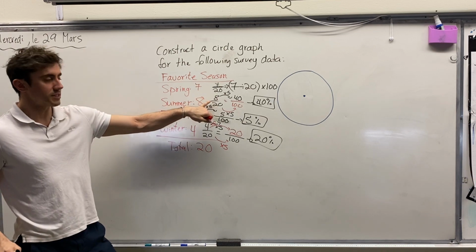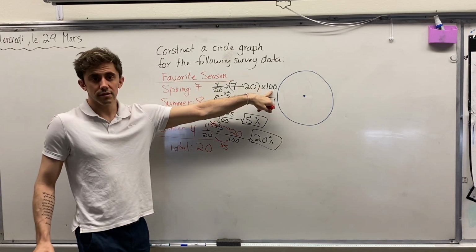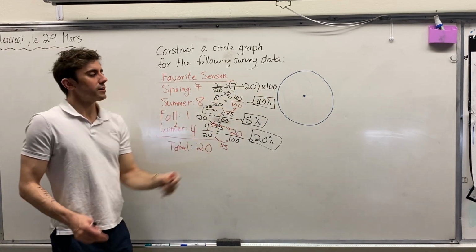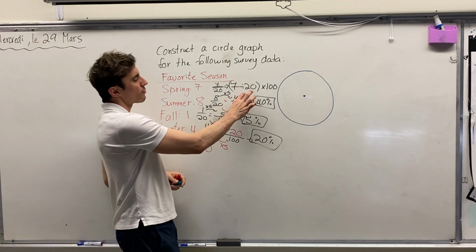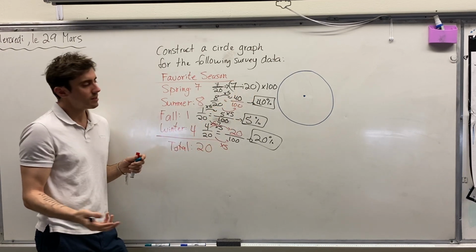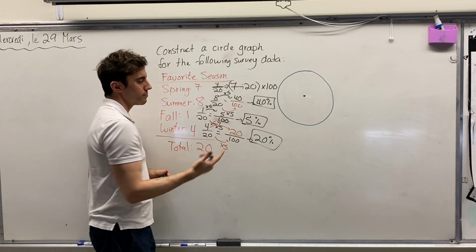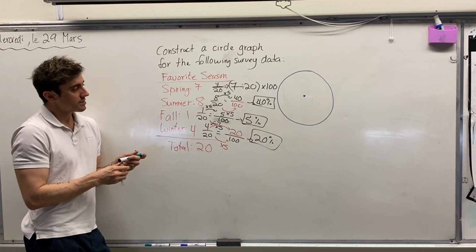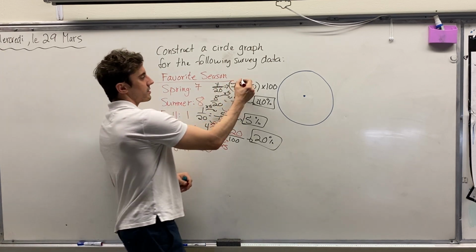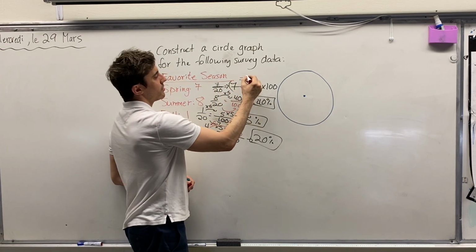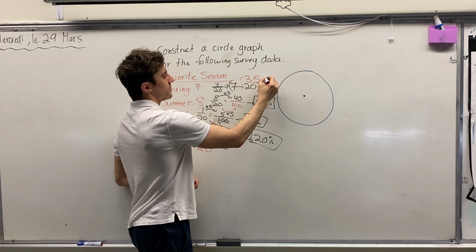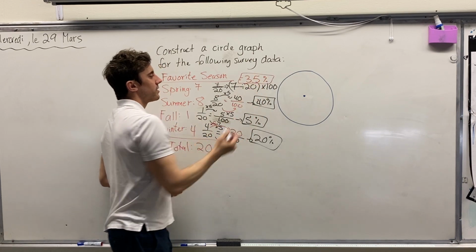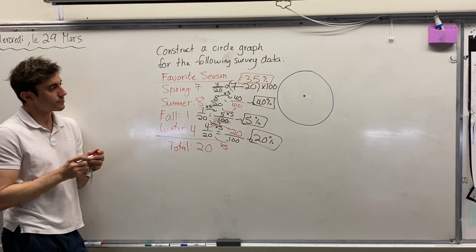Divide the numerator by the denominator, and then multiply by 100. That'll give you your percent as well. That's just because I don't like it as much, because we use a calculator for that one, whereas this one we can do kind of just using our brains, but it's up to you, okay? And so now that we have, okay, finally, if you actually do this calculation, you'll find that spring got 35% of the votes to finish it off, okay?